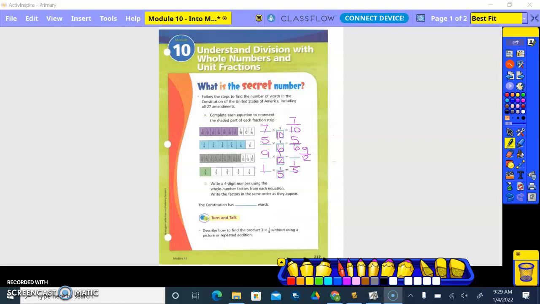And then they want us to use the whole numbers that appear in the equations that we just did. Okay, so can we just work our way down? Yes, so we could do 7,591 words. So we did the 7, the 5, the 9, and the 1. Right? Just worked our way down.